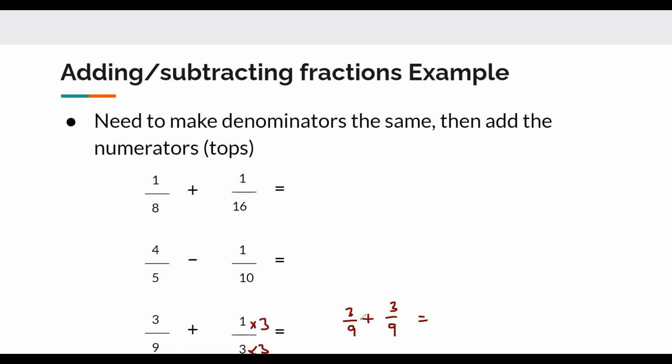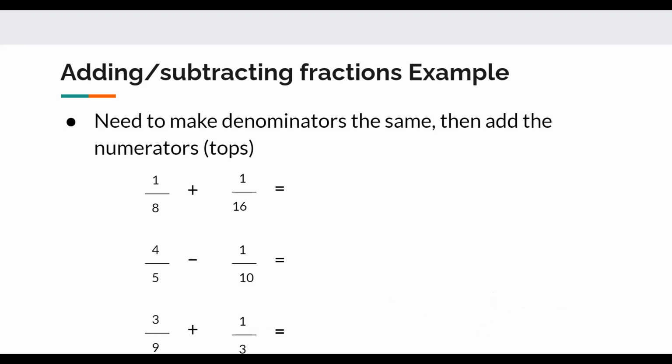We have the same fraction being added to itself, but we do the same thing. 3 plus 3 is 6, and we have 9 on the bottom. But now this looks like a fraction that we might be able to reduce. We can't divide both the top and the bottom by 2, but we can divide both by 3. 6 divided by 3 is 2. 9 divided by 3 is 3. And that would be our final answer, 2/3.